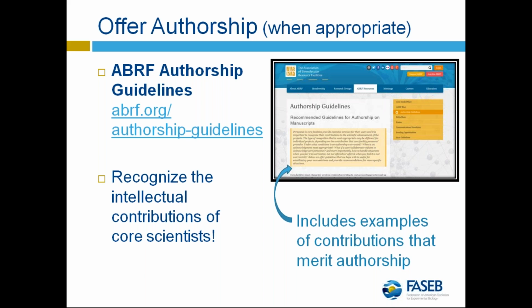The ABRF webpage covers scientific contributions that constitute authorship versus acknowledgement, some useful examples, and some useful practices for cores and shared resources, and a compendium of supplementary information and resources.